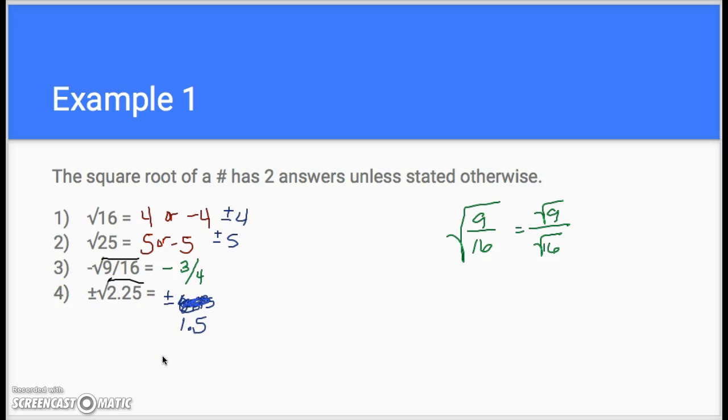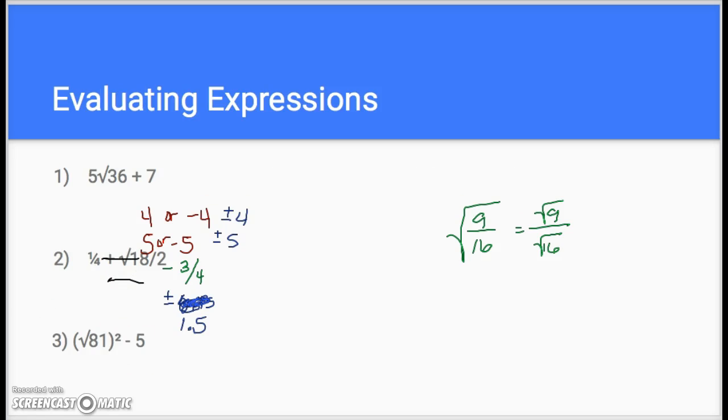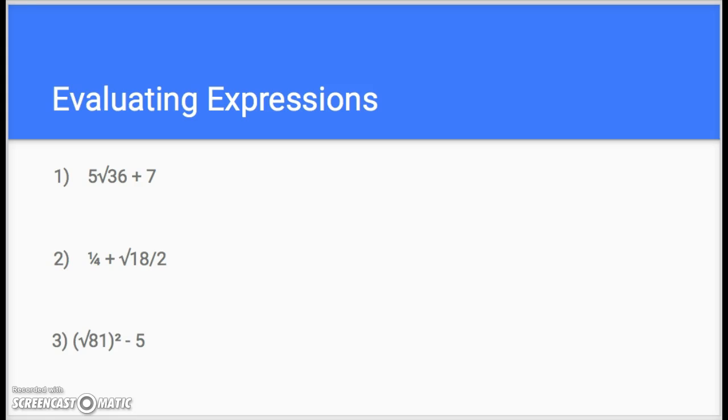Now, the other part of this is going to be solving problems or evaluating expressions with square roots built into them. So, for example, number 1, we have 5 square root of 36 plus 7. You always do the square root symbol first.